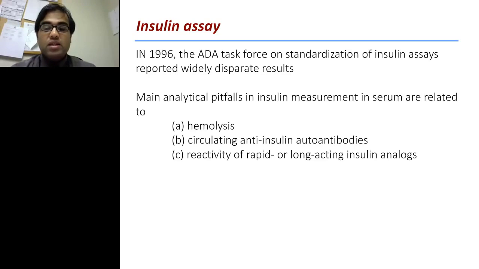And the reasons for the pitfalls are multiple, but I think the crucial ones to remember here are individuals who have circulating anti-insulin autoantibodies, which would render the assay really uninterpretable, and then, of course, reactivity of individuals who are on exogenous insulin, so rapid or long-acting insulin analogs, which patients use the recombinant versions of these, make it difficult to assess insulin accurately.